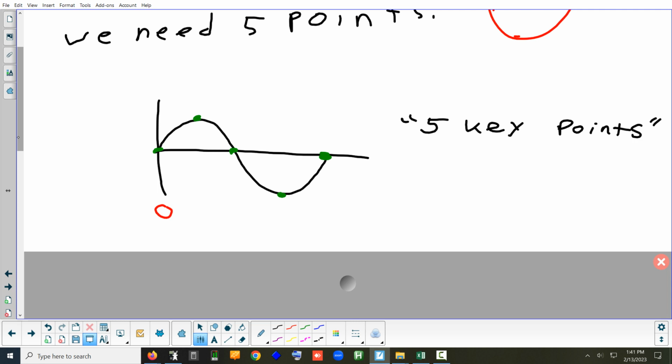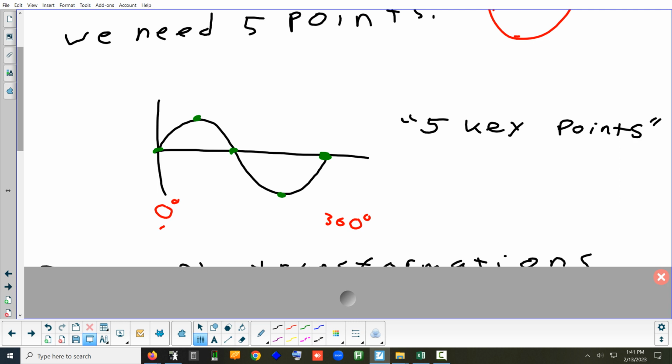Okay, so it ends here, and how far away is that point from that point? We mentioned this number in degrees, and we mentioned it in radians. 360 degrees, yep. Which is the same as how many radians? Yep, 2 pi.